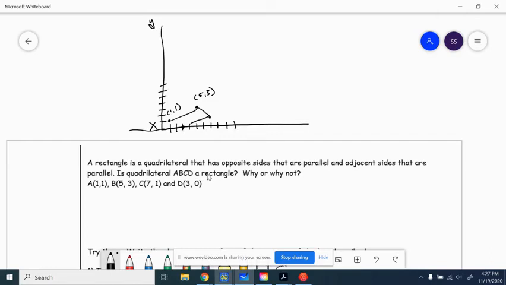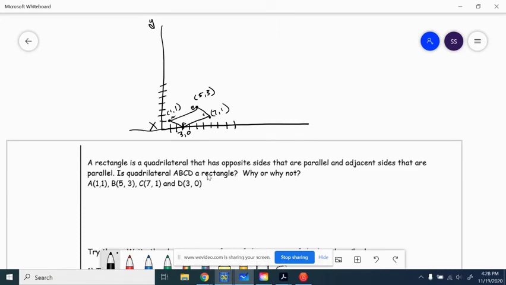And don't just go based off the look here, because I know I went pretty rough. Let's label these points too. So this is 3, 0, and this is 7, 1. This is A, B, C, and D.